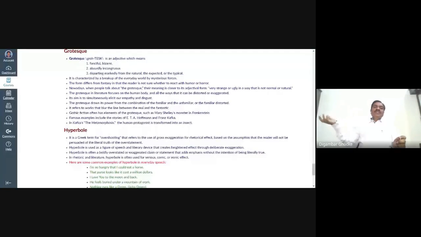In many of the Hindi movies, Hindi TV serials, I come across this kind of grotesque, something which is not believed so easily. So this form differs from fantasy. Fantasy is again something which is unimaginable, beyond our imagination.